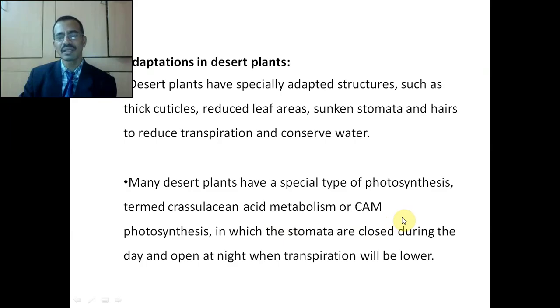Stomata open during the night time, so carbon dioxide is taken in at night. This carbon dioxide, which is taken during the night time, is utilized in the daytime. So this is the specific mechanism. It is called the CAM mechanism.